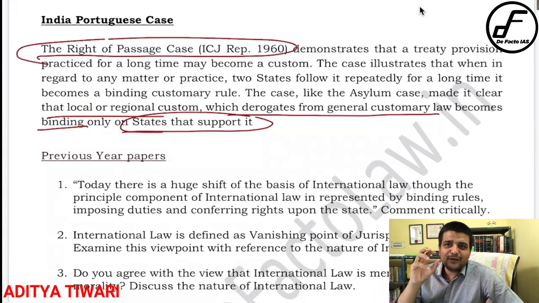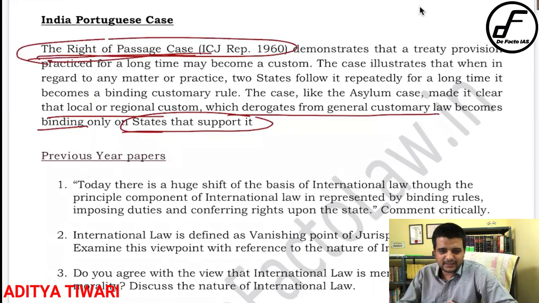Okay? So if you are following a custom, there has to be an intention to follow the custom, right? So the Britishers were allowing this passage only out of commercial consideration. So the court held that the custom was not created. So it is a very famous case. It is also called the right of passage case. Right, right of passage. Remember the name, right of passage itself.